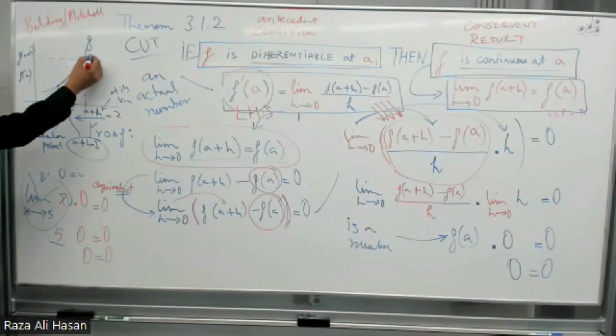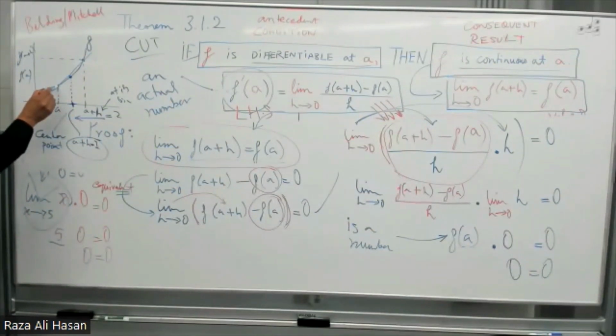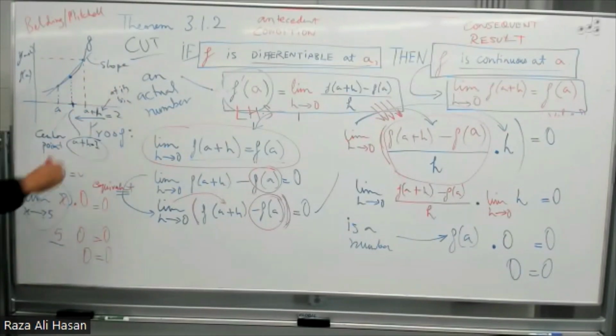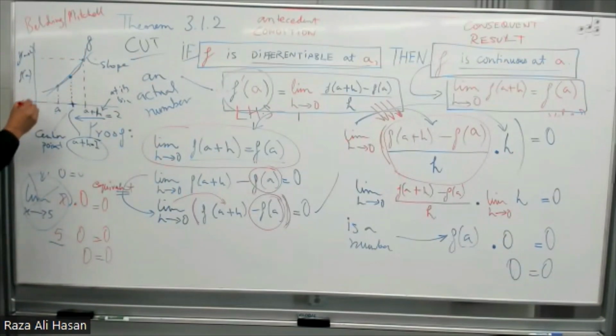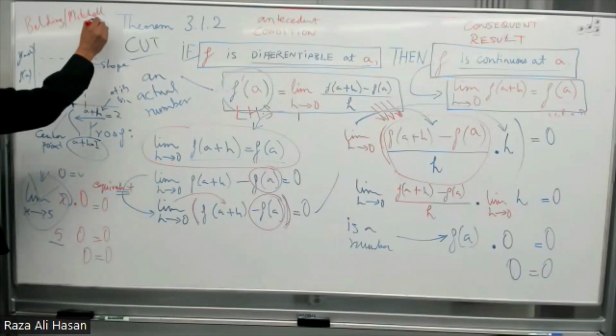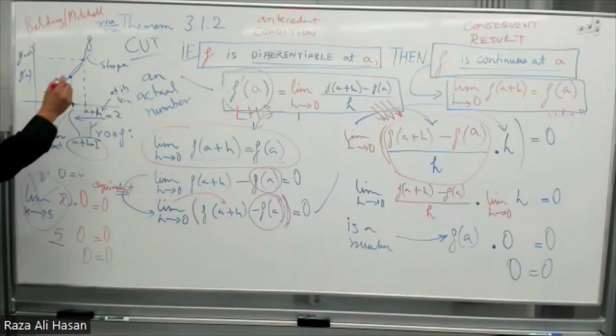This line here that I just drew, this straight line connects A plus H, when H is 2, to the point in the graph where we have the center point A. This is the slope, or the rate of change. This slope is an approximation of the slope of the curve. And slope is rise over run.